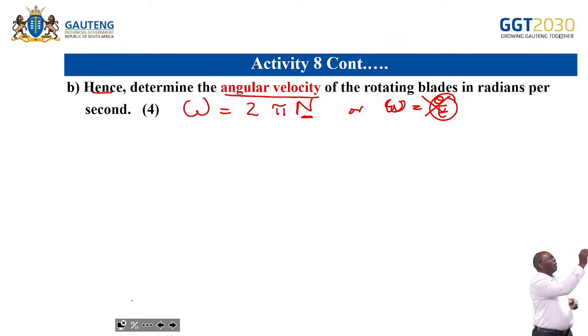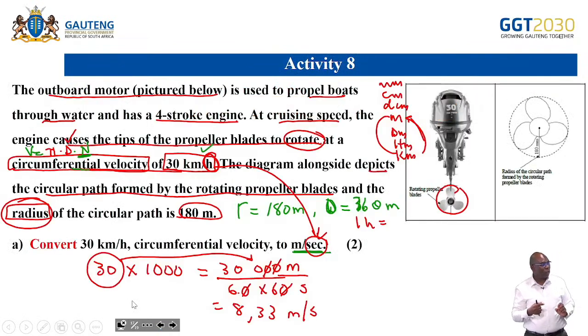So that's why the word hence, meaning that I'm going to use whatever I got in the previous question. Remember in the previous question, we got our circumferential velocity. It's given as 8.33 meters per second. So I'll have that as my circumferential velocity.